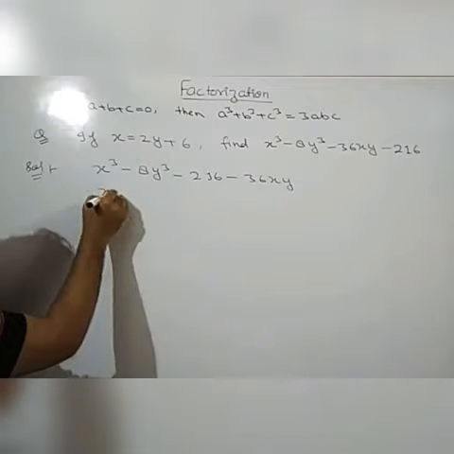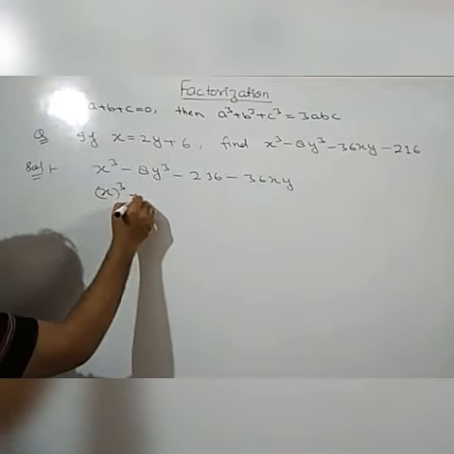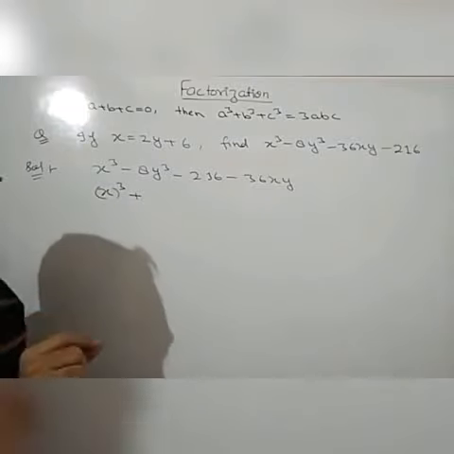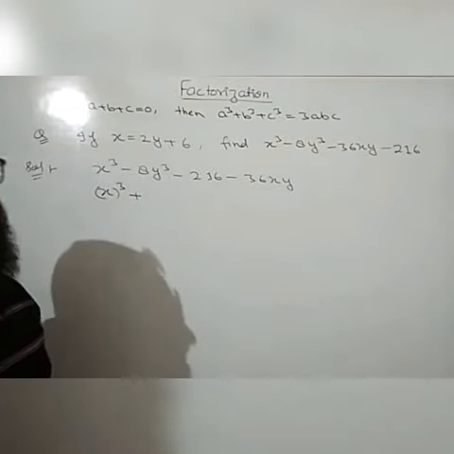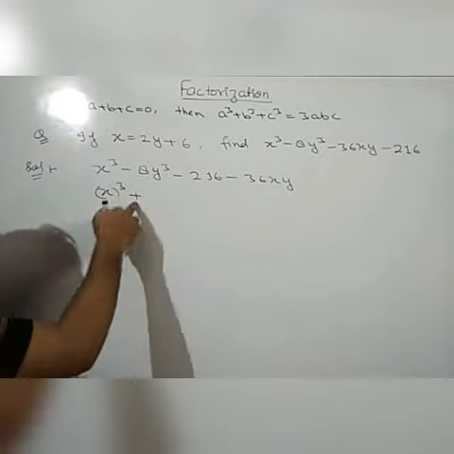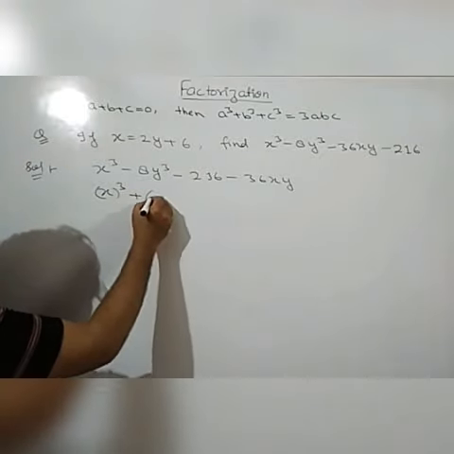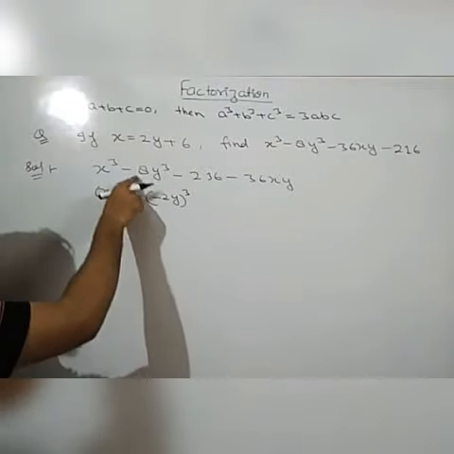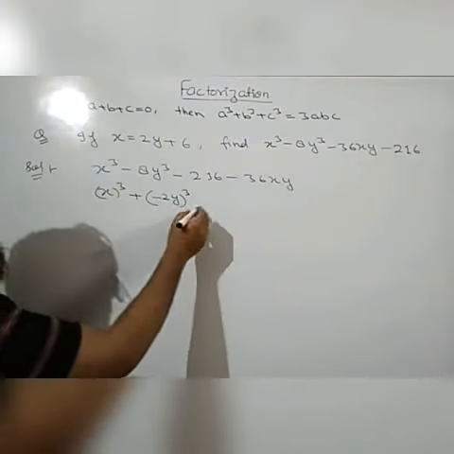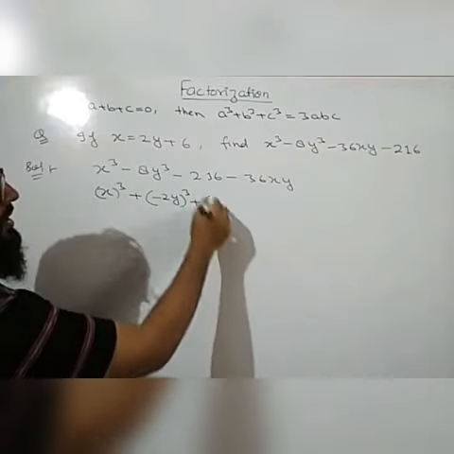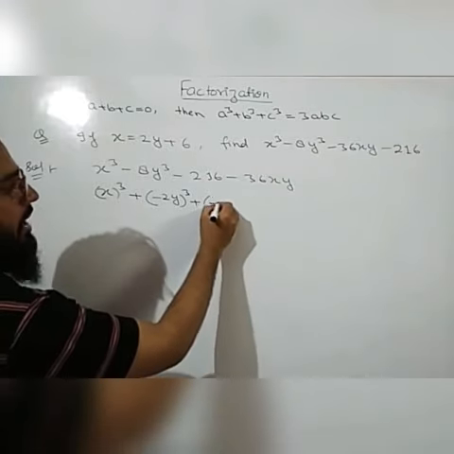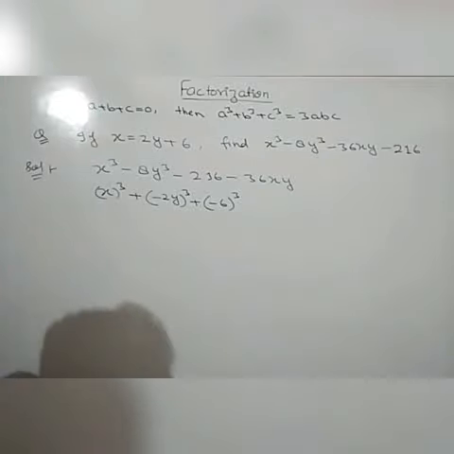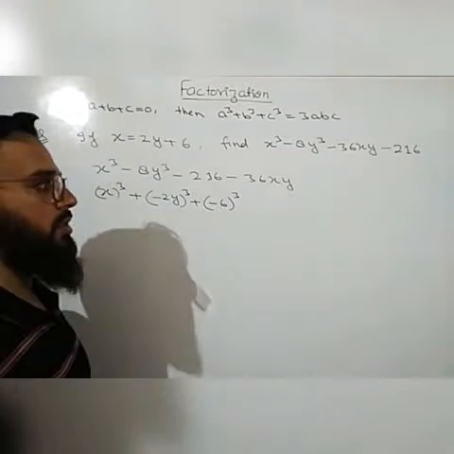We can write it as x whole cube plus, we will use the sign of plus because we know the identity. The identity is a cube plus b cube plus c cube minus 3abc. That's why I am using here plus sign, and we will use bracket with minus 2y whole cube because 2 cube is 8 and it is minus, so it will be minus 8y cube, plus 216 can be written as minus 6 whole cube because 6 cube is 216. It will be minus 216.